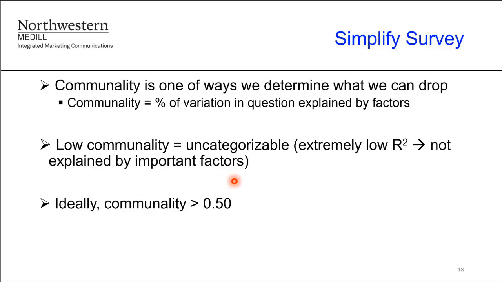So we decide to drop the questions or the variable, okay? And then what is the low communality? Ideally, we want to keep the questions whose communality is over 0.5, okay? So this is the communality rule for simplifying surveys.